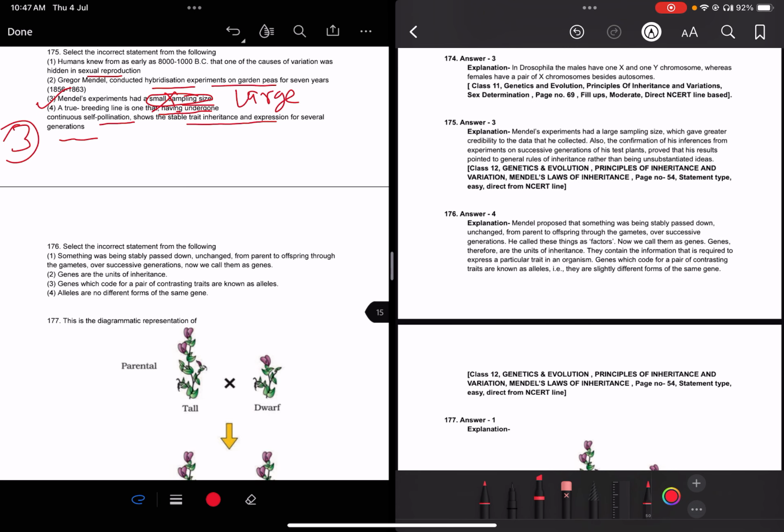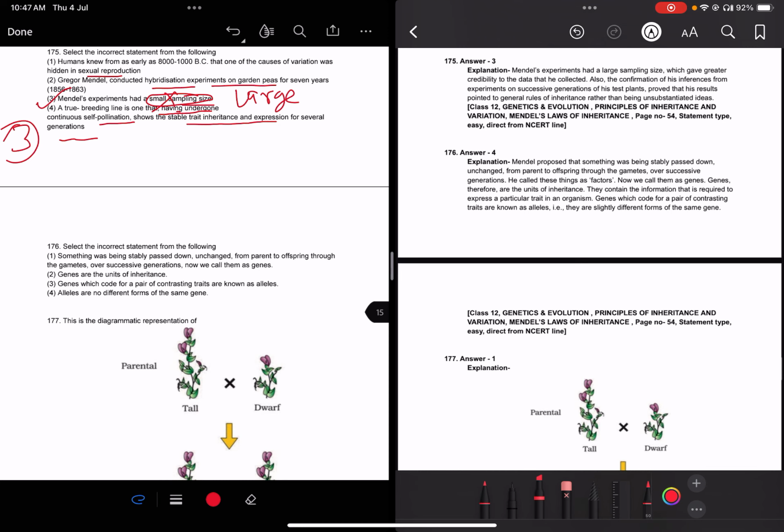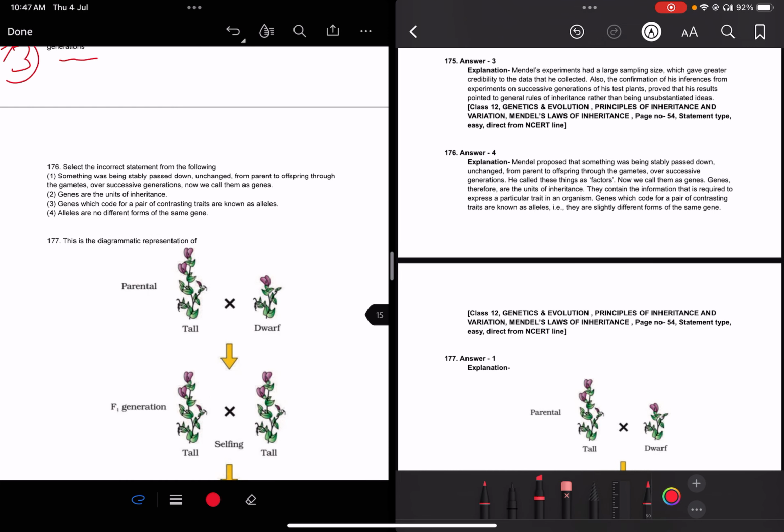Now move to question number 176. Select the incorrect statement from the below. Something was being stably passed down unchanged from parent to offspring through the gamete over successive generations. Now we call them a gene. Very important: the stable factor of Mendel is now known as a gene only.